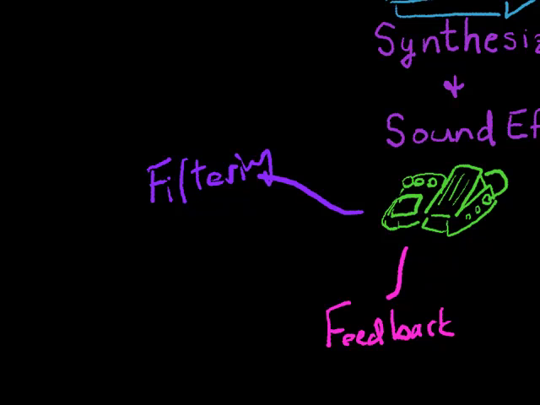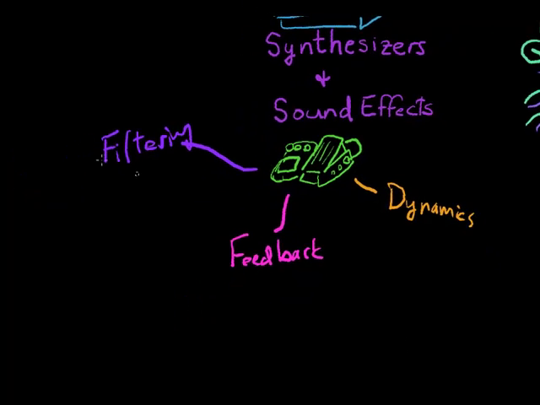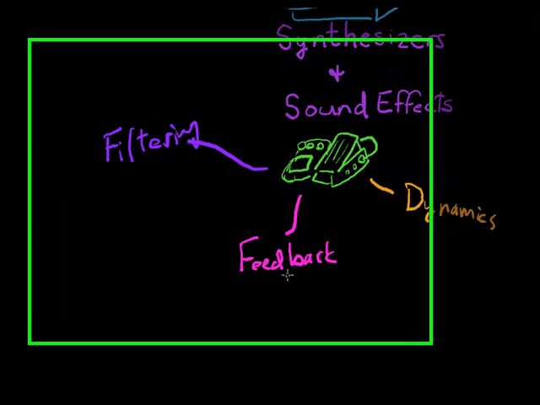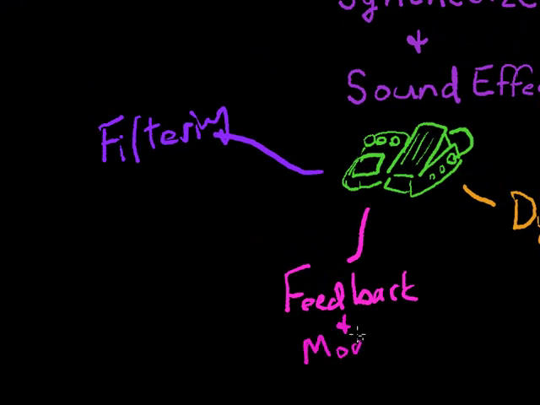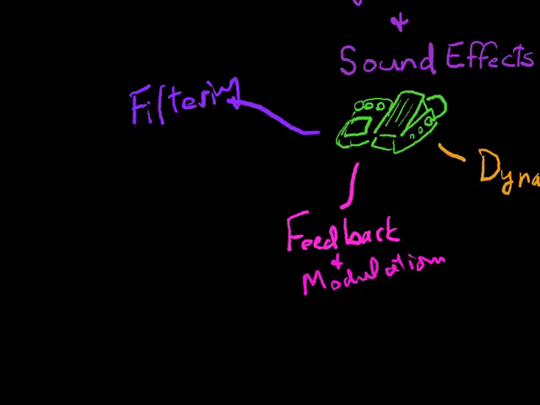And then the other one we'll look at is based on dynamics processing. Alright, so let's start out here with the filtering and look at what's going on with that.